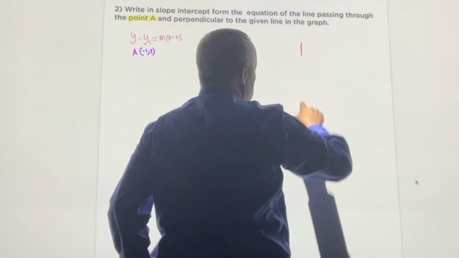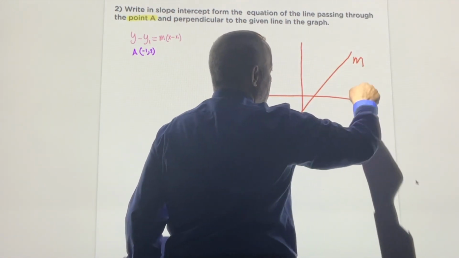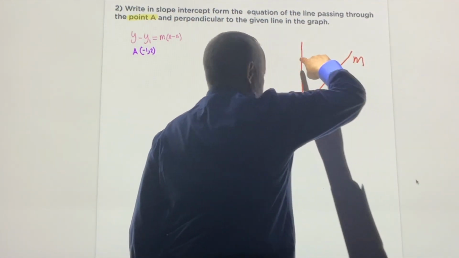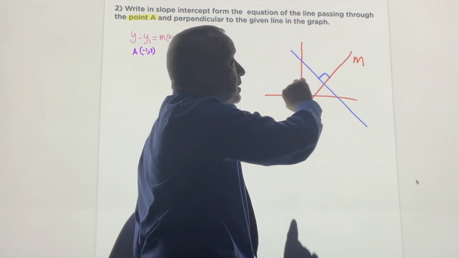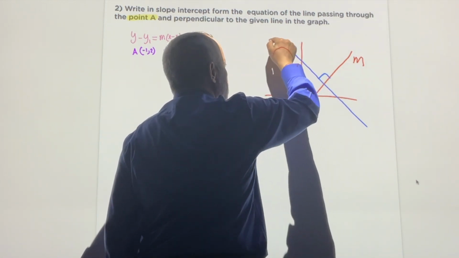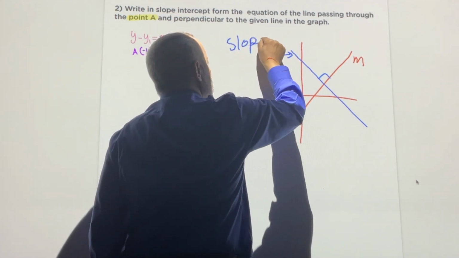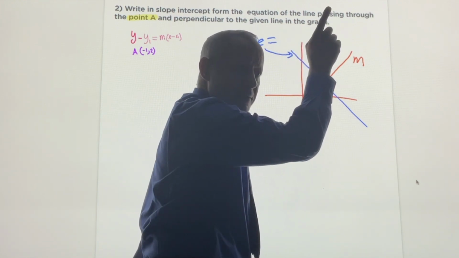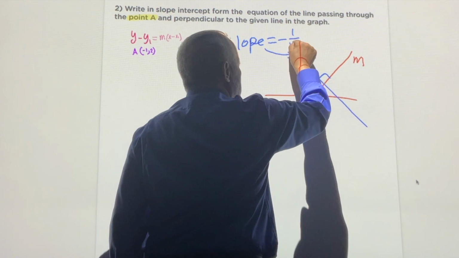Now, remember that if you have a line with slope m, the perpendicular looks like this. This one doesn't make perpendicular, okay? This has a slope m. This one has a slope equals negative 1 over m.